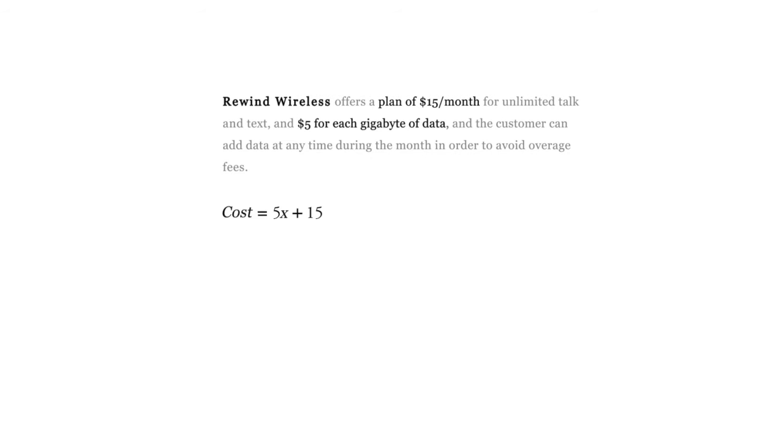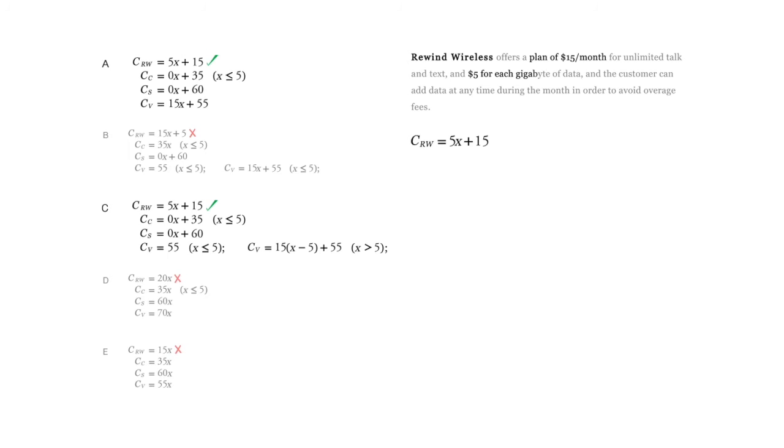So it's going to be C of RW is equal to 5x plus 15. So this one works, check. These don't work. They don't follow our assumption for what the first formula will be. So it just leaves these two in play.